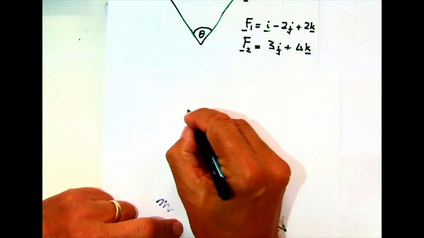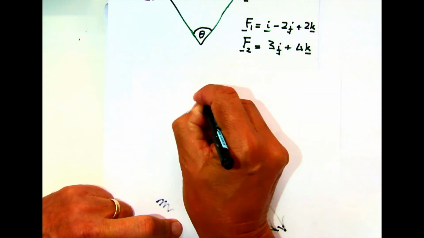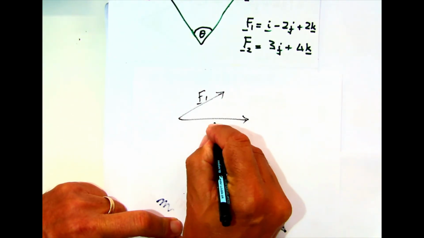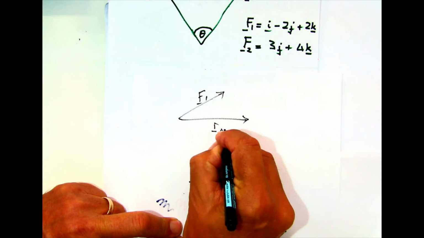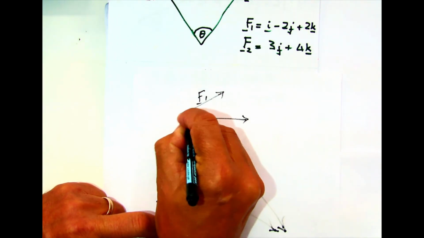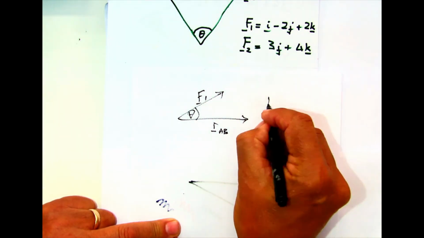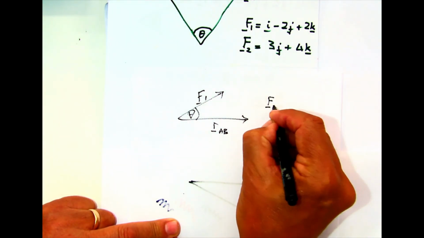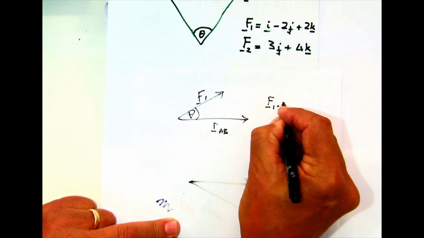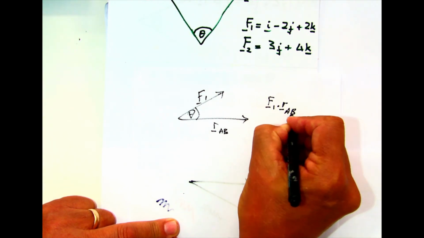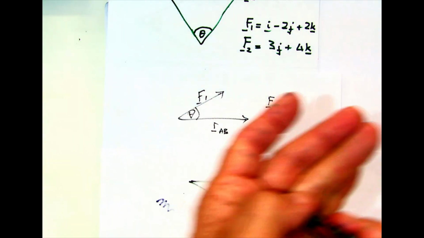Let's say you have a force, F1, and here you have a position vector, AB. And you want to find the angle between those two. Then you can also use the dot product, F1 dot that position vector AB. Let's take another example.